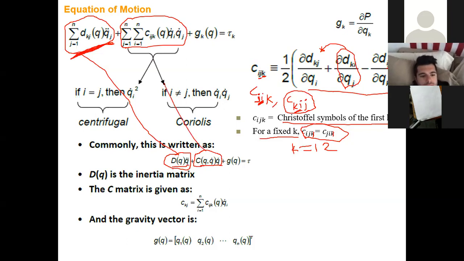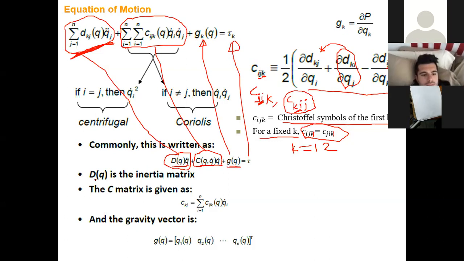That's the middle term. The third one is easy: G is G, and tau is tau. So normally this is how you represent it.